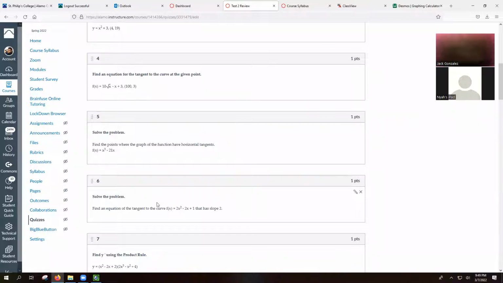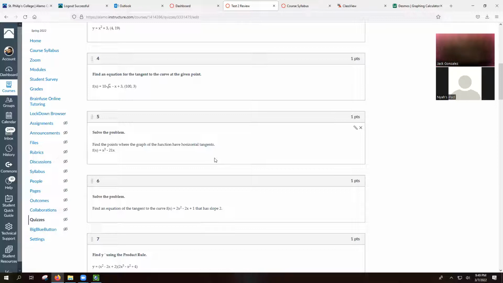Number 6 is similar to 3 and 4, but they're giving you the slope, but not a point. So you have to use this information to find the x and y. Like number 5, where horizontal tangent implied the slope is 0, number 6 is straight up telling you that the slope is 2.